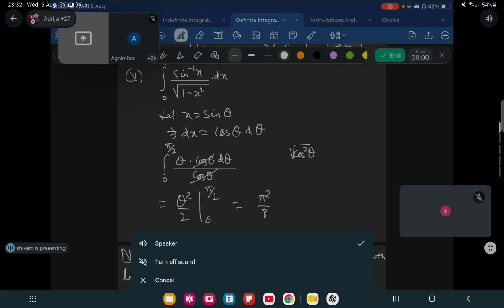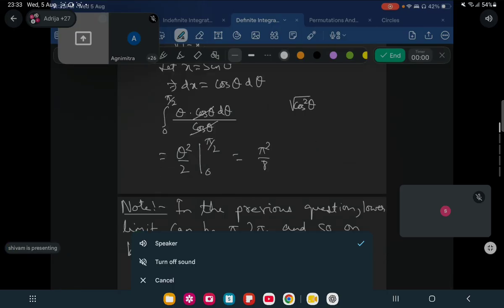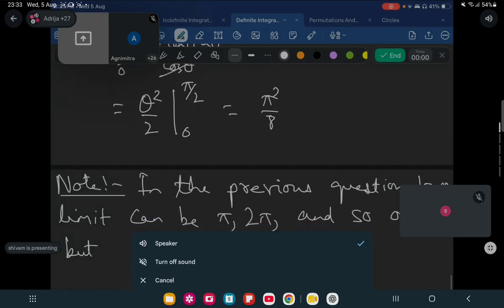Pi, 2 pi, isn't it? And so on. It can be anything. Yes or no? Tell me, everyone. Are you people getting? Lower limit can be anything, pi, 2 pi, and so on. But whenever you are doing substitution in definite integration, substitution has to be bijective. Pay attention.